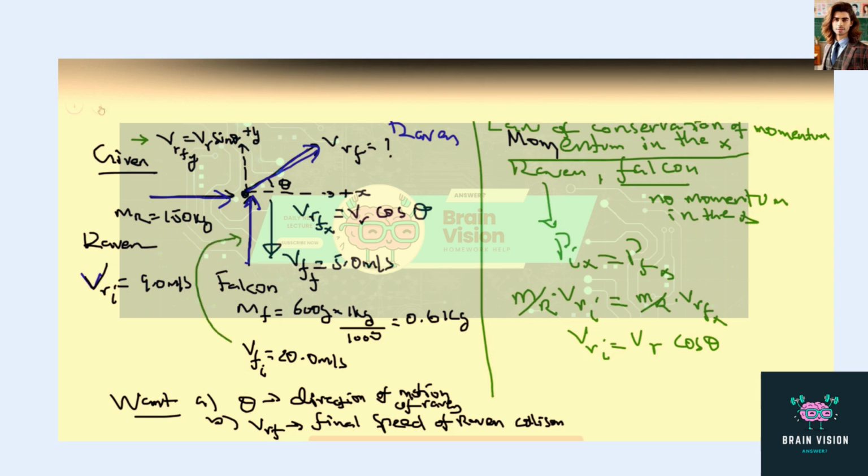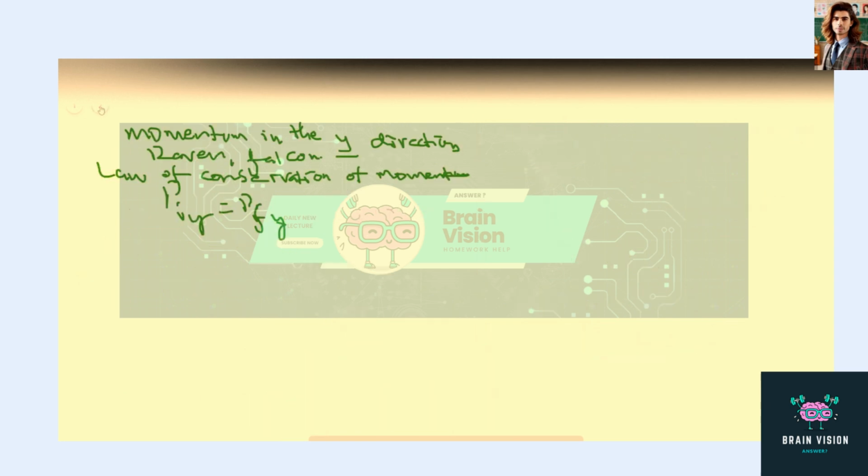So the initial velocity in the y direction, we have the raven. The initial momentum of the raven in the y direction would be the mass of the raven times the initial velocity of the raven.